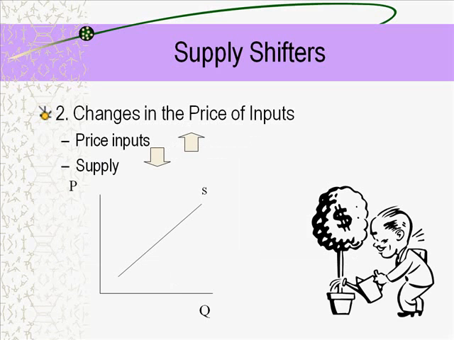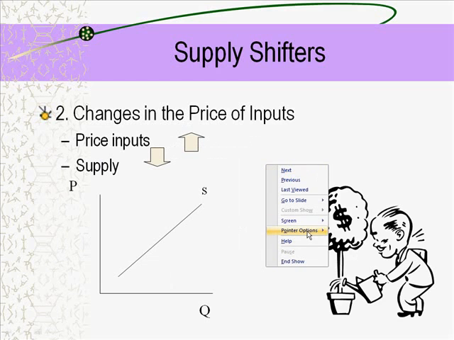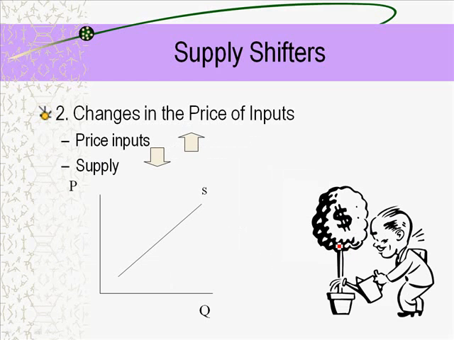The next supply shifter is the change in the price of an input. So as the price of inputs increases, supply is going to decrease. What we're looking at here is when we talked about and calculated our marginal costs and our total costs and variable costs, we were looking at input prices.